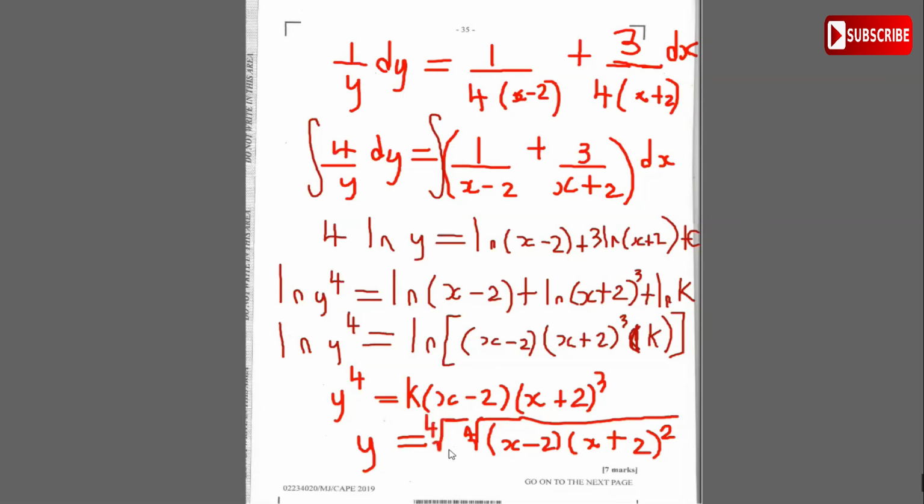This fourth root of our k, we can just call that some small k. This is capital K, this is small k. And so y is now k times, because it's still a constant, the fourth root of x minus 2 times x plus 2 all squared.